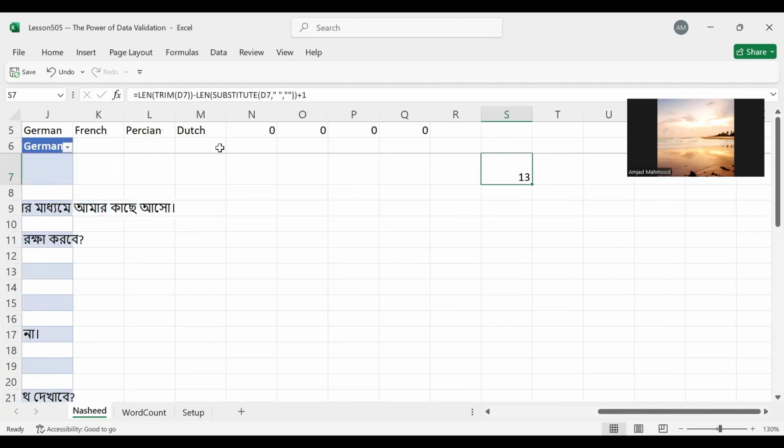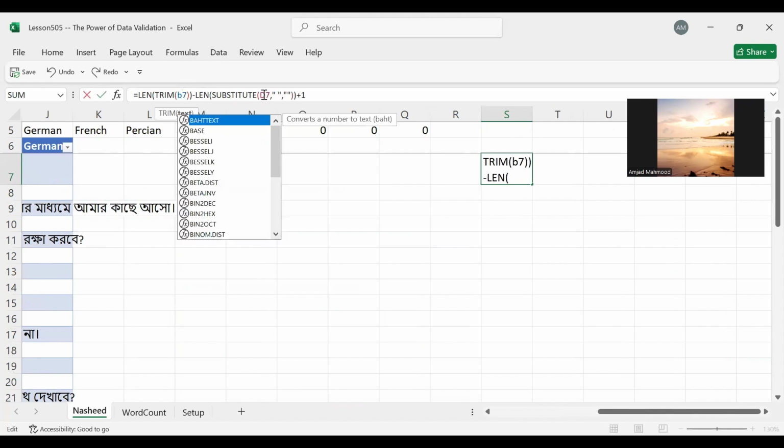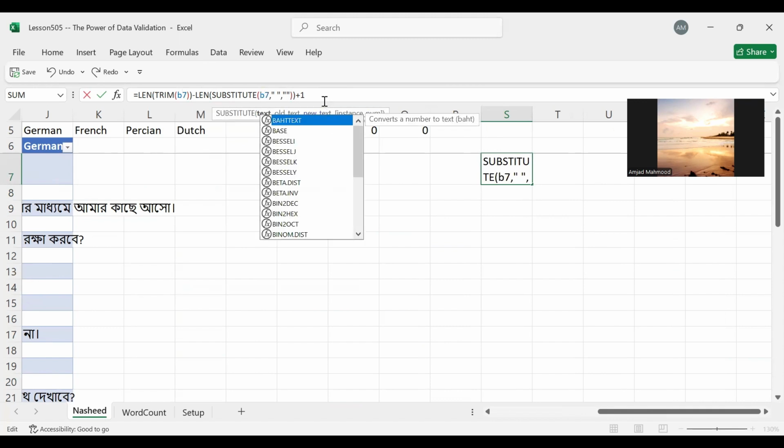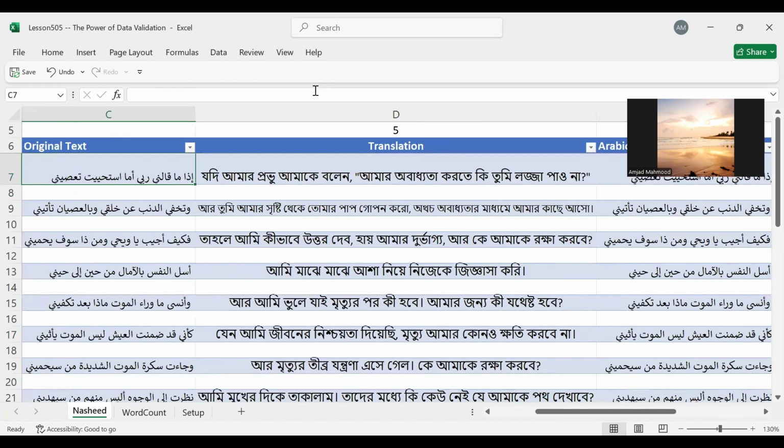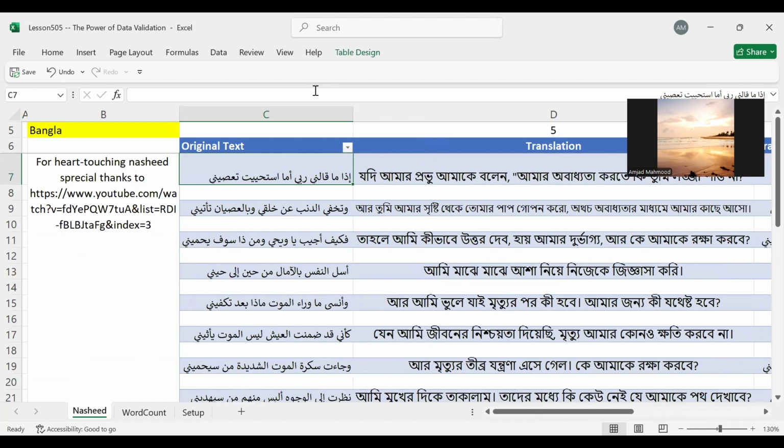So let's see what was in Arabic. Arabic is column B, so we switch this to B. How many words were in the Arabic sentence? In Arabic it was seven words, as per this function. Although our Arab brothers will not agree to it, because the space is not their demarcation of a word.